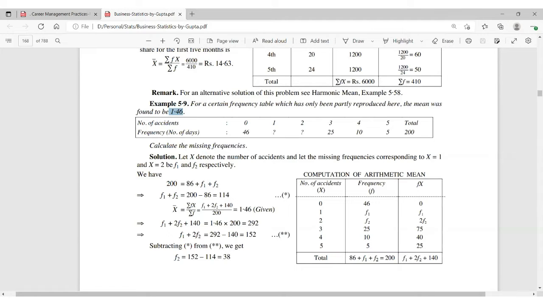In this table, X is given, similarly frequency is given. Multiply f into x. Now the total of frequencies is 46 plus F1 plus F2 plus 25 plus 10 plus 5. It comes to be 86 plus F1 plus F2.